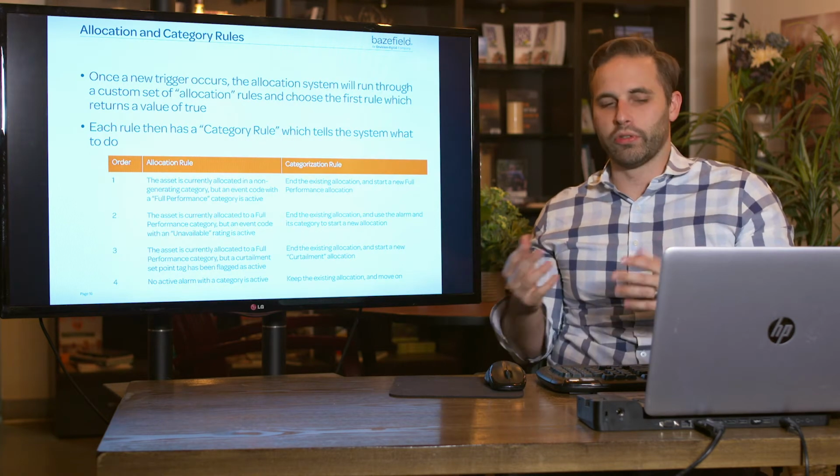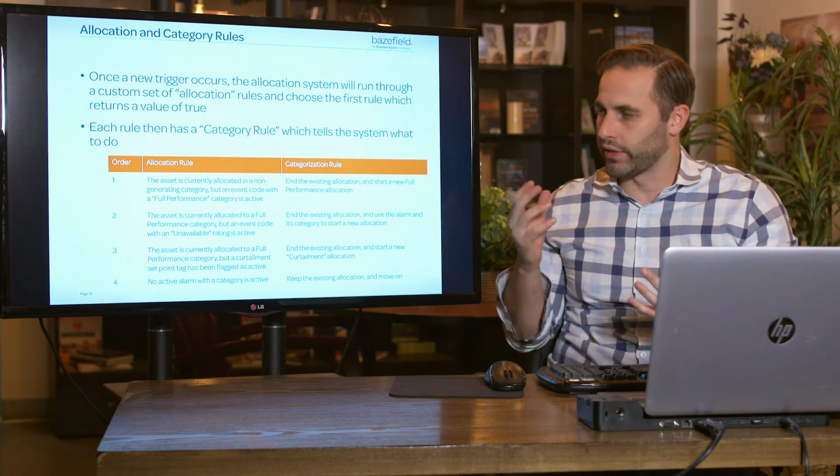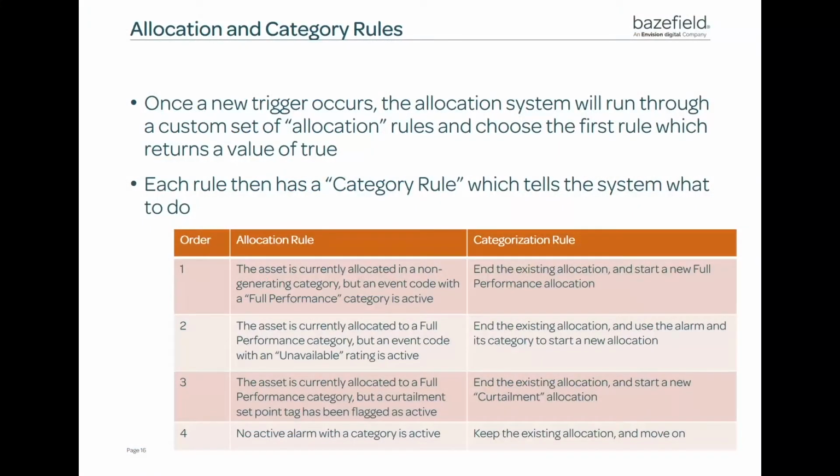Now what are the rules? They're a little abstract unless I write them out like this. So rules are a checklist, each one has an order, and they're evaluated in the order provided. So for example, one allocation system could have a series of 4 rules.